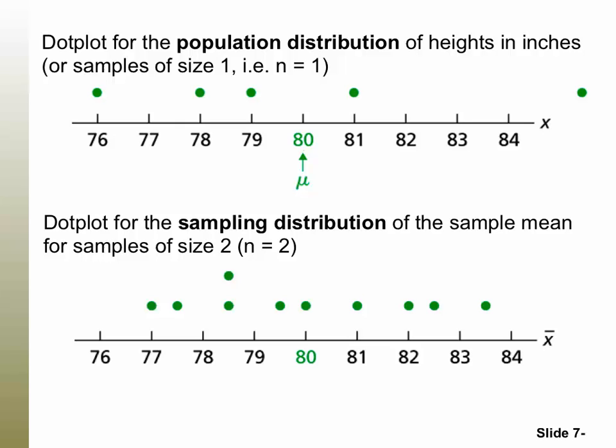So let's just look at this. So here's the 5. Notice how spread out they are. And then we took means for samples of size 2. So did it become more spread out or less spread out? See, that's a little bit less spread out, right? So now if we took samples of size 4, would those samples of size 4 tend to congregate more around 80 or spread out more?